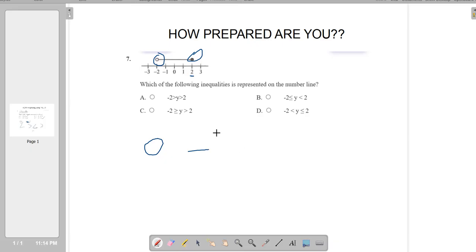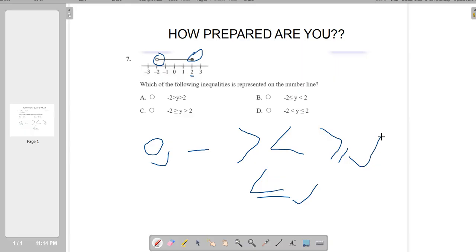Let me take it this way. In inequalities you will see these symbols: greater than, less than, greater than or equal to, less than or equal to. Now when you see a circle without a shading, it tells you that the number wouldn't be affected by the equal to, depending on what the inequality is going to be.